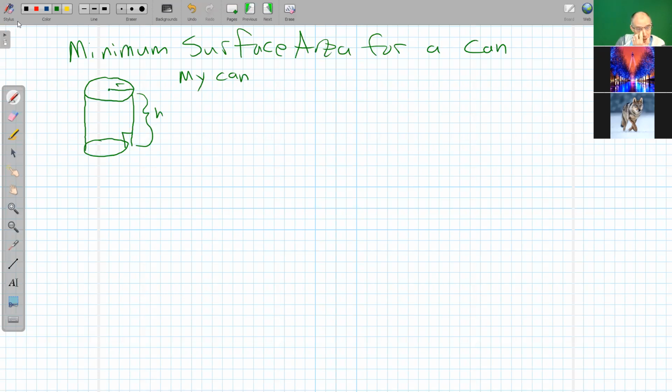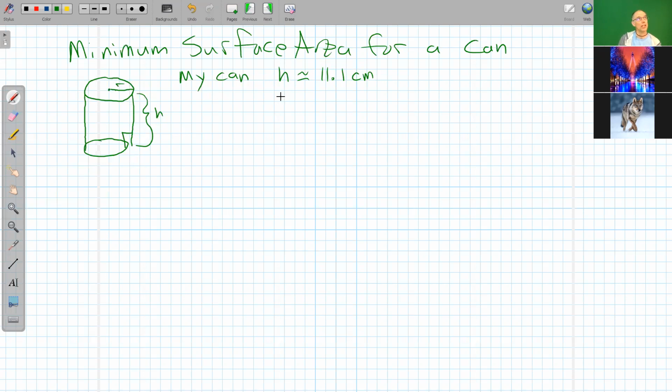Minimum surface area for a can. So see my can? Not the best drawing, but we're going to go with it. Circular top, circular bottom, sides come down at a right angle, need a radius and a height. And my can, I think the height was a little over 11. So maybe it's like 11.1 centimeters.